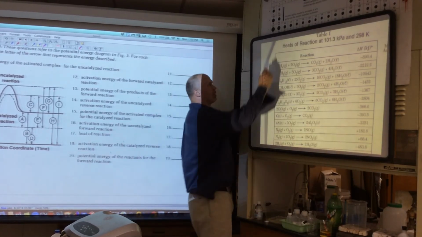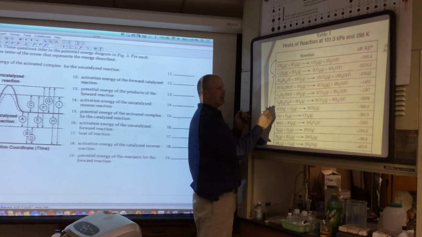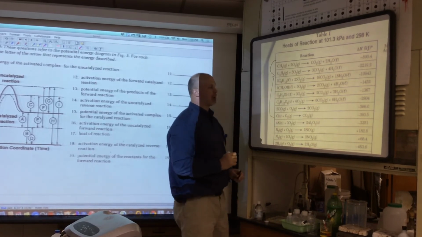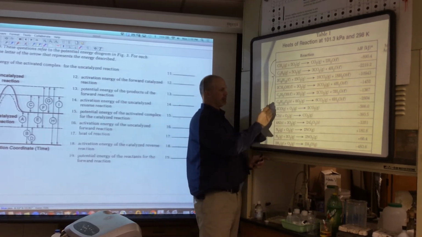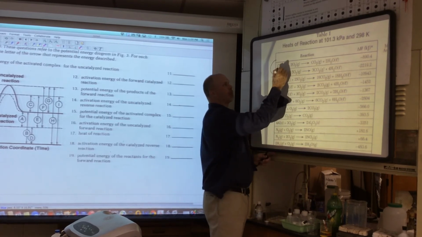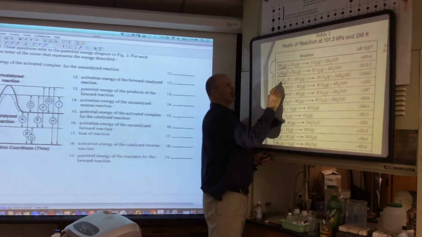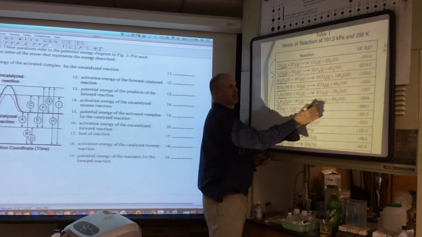The first third of Table I are combustion reactions. I have a fuel plus oxygen gives me CO2 and water.